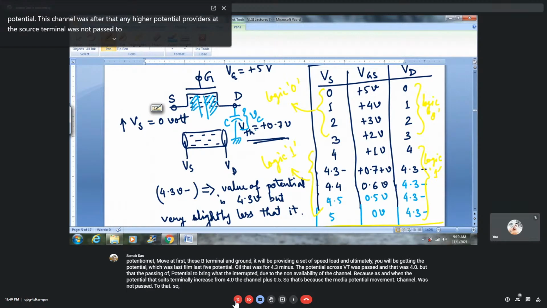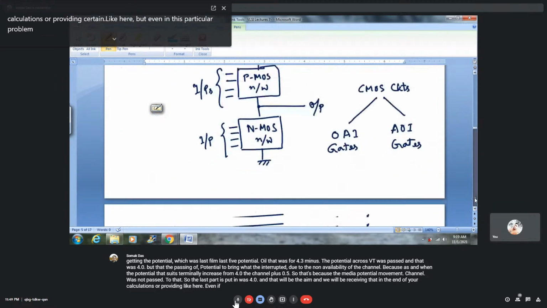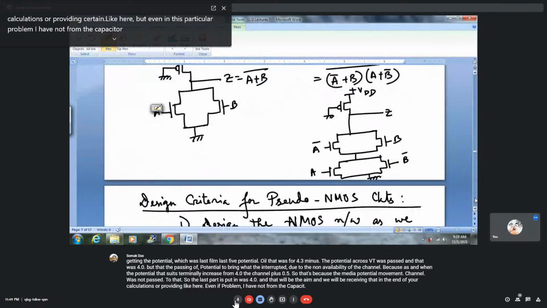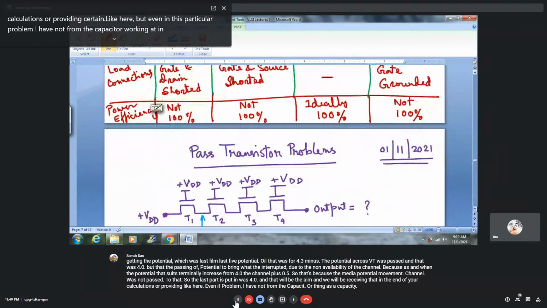So the last passed highest potential was 4.3 volts, and that will be retained till the end of your calculations. Am I clear? Even if in this particular problem I have not shown the capacitor, it will be working as a capacitive load in any case.